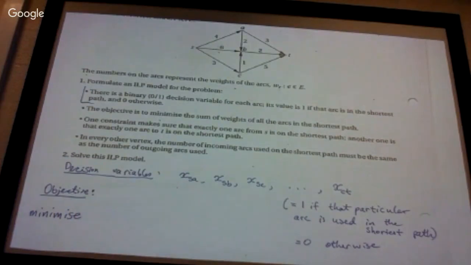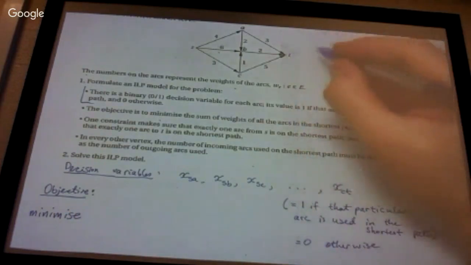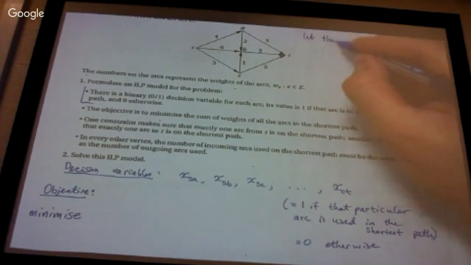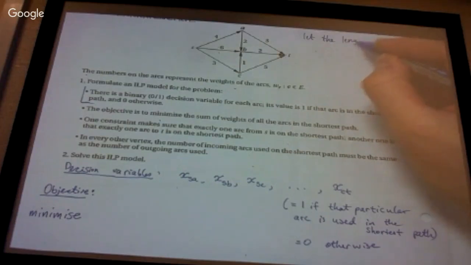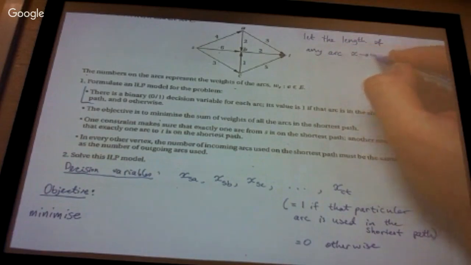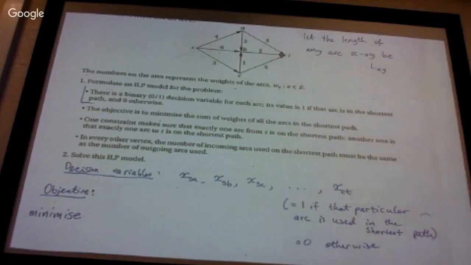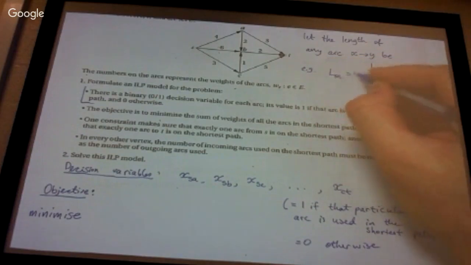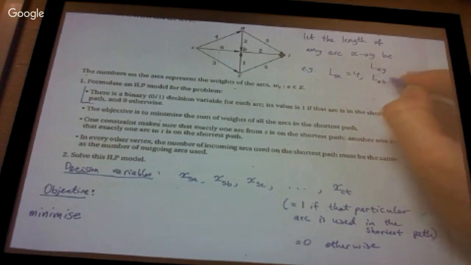I'm going to say that the length of any arc from X to Y be, let's say, L_XY. So for example, you would have L_SA is 4, and L_AB is 2, and so on.